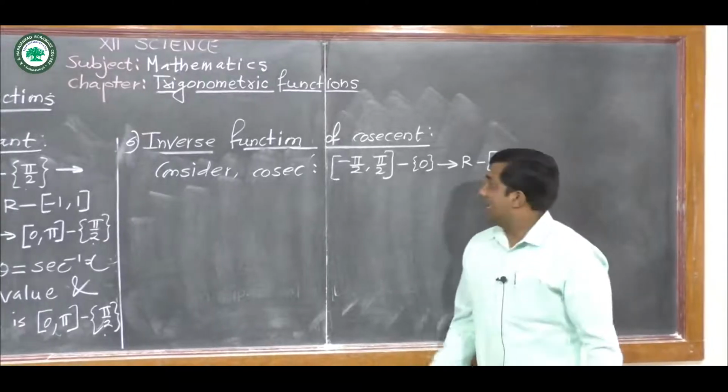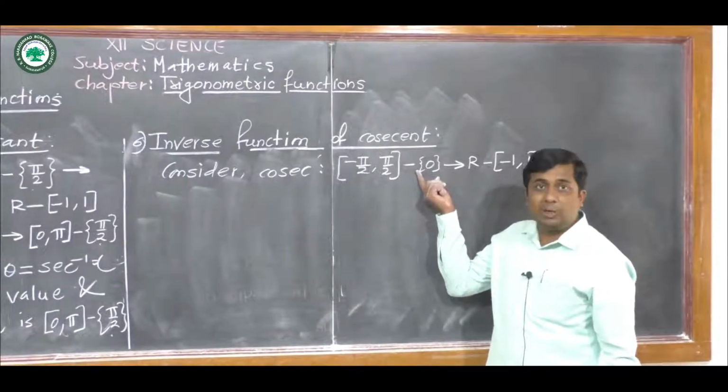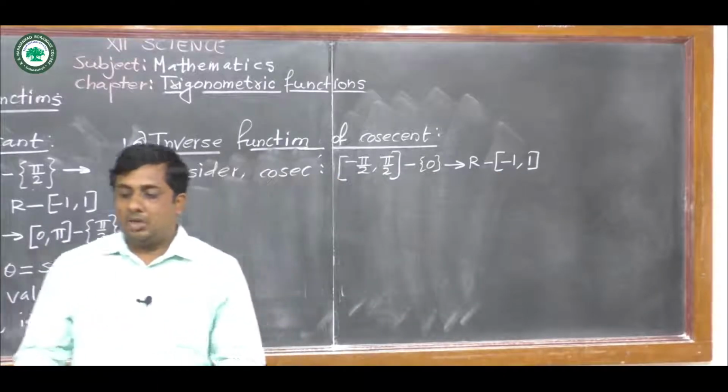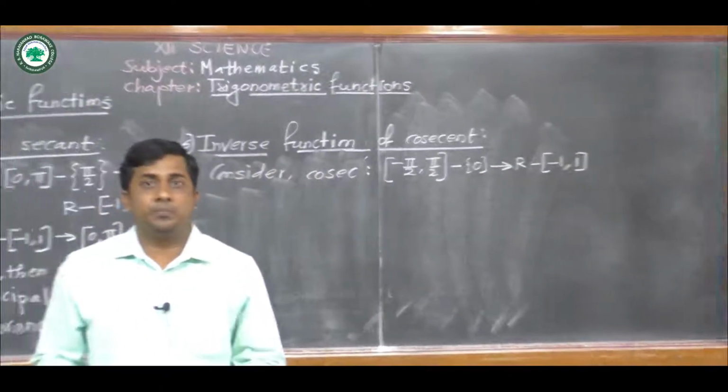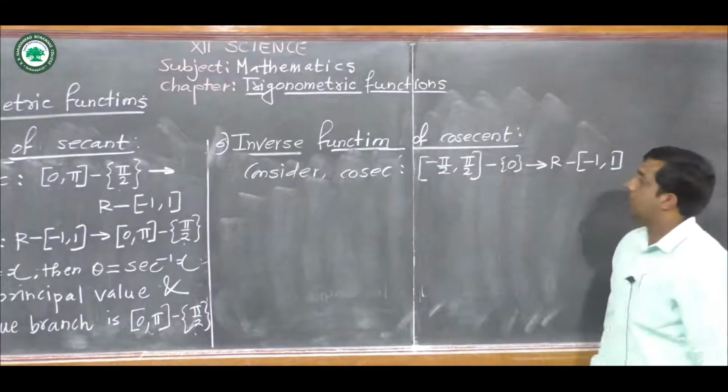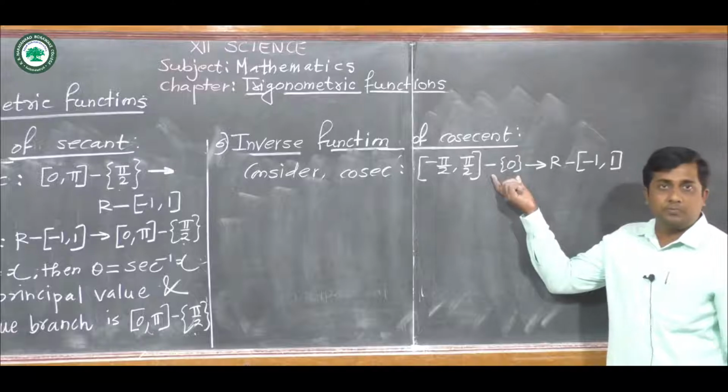We exclude the value 0 since cosec 0 is not defined. So remember this point.